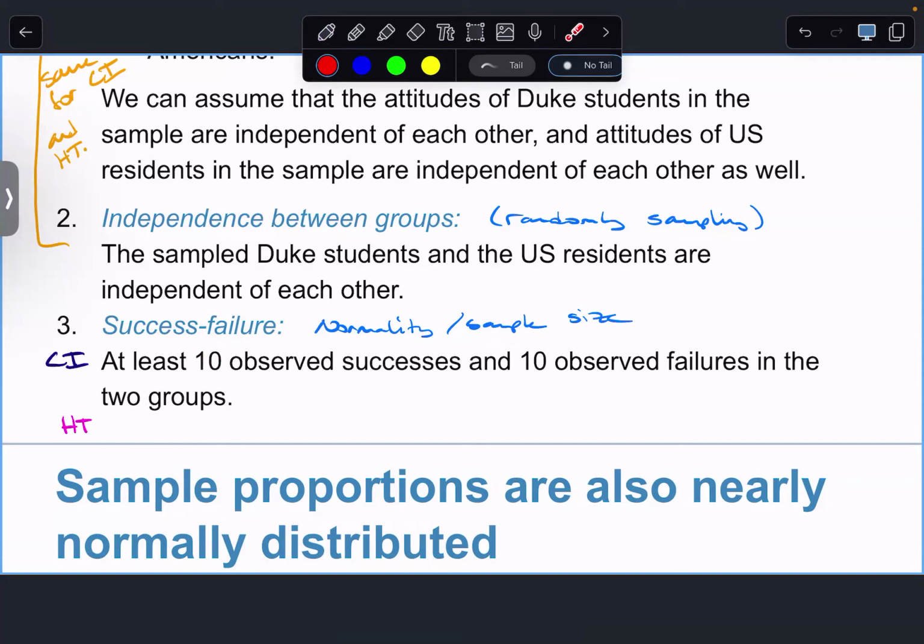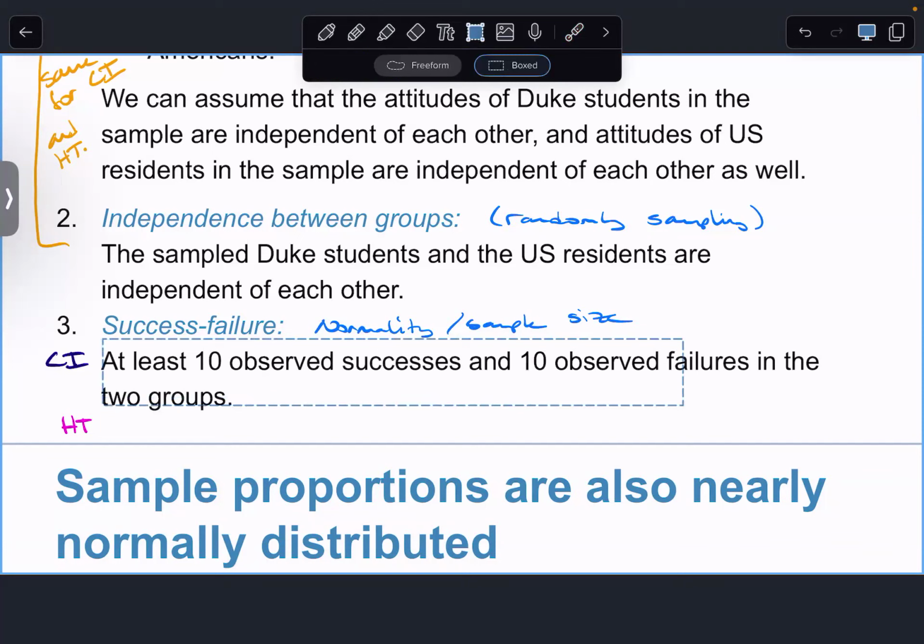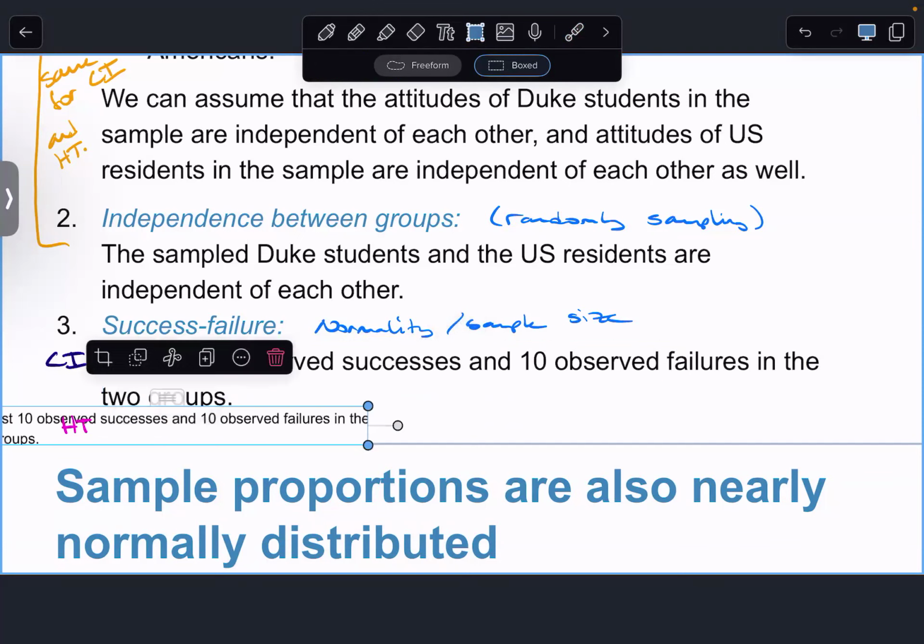For one sample proportions, for a confidence interval, we had at least 10 observed successes and at least 10 observed failures, period. Now we have two groups, and so it has to be satisfied for both groups.